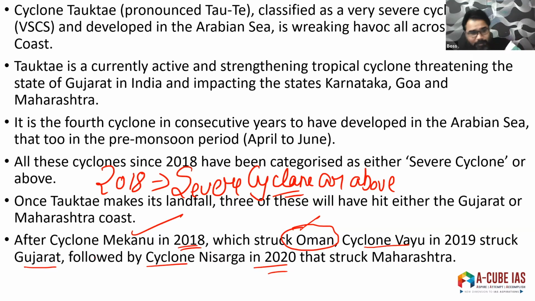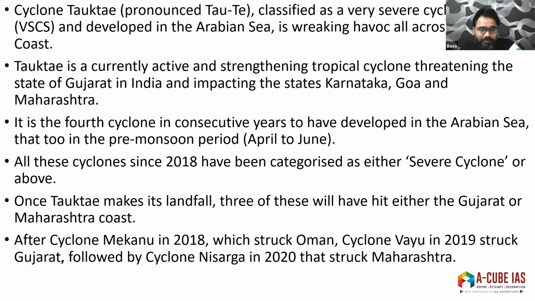Now you have to remember these things, because if we speak about the aggressiveness of the cyclones that come from the Arabian Sea, generally they weren't of that importance. But in the past few years, we are seeing that the cyclones forming in the Arabian Sea have increased in severeness. Also, one of the most important things is the extent to which these cyclones are traveling, the area they have covered.